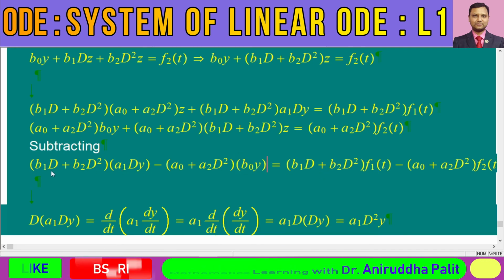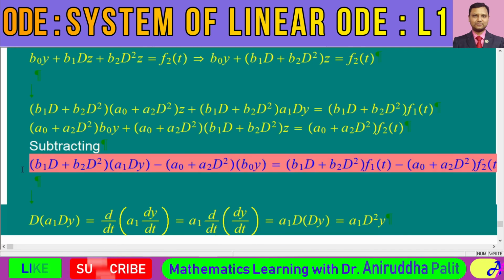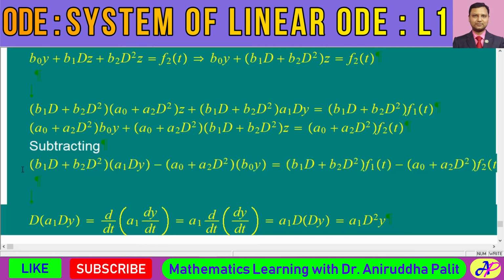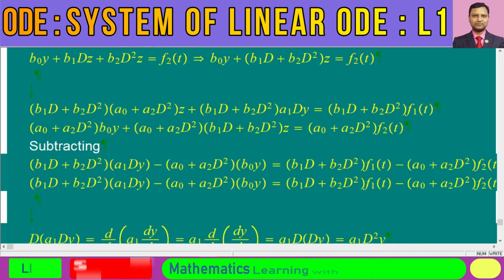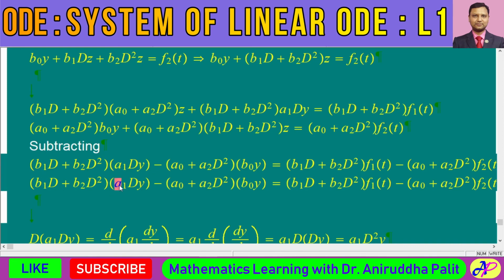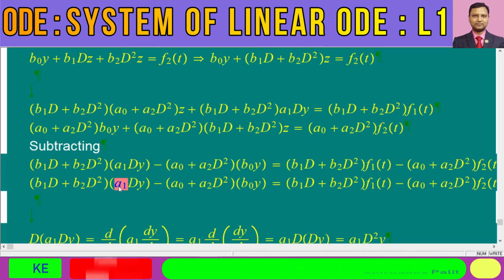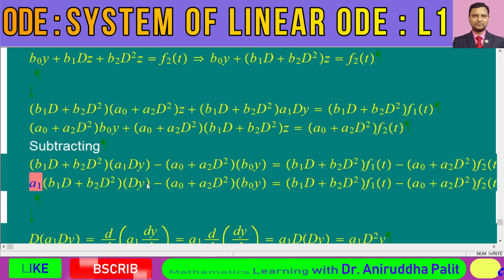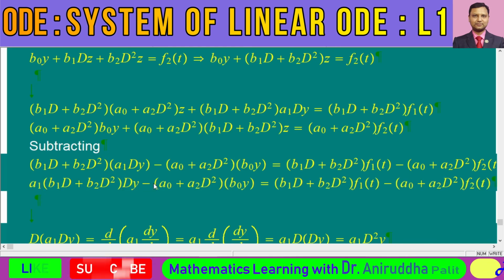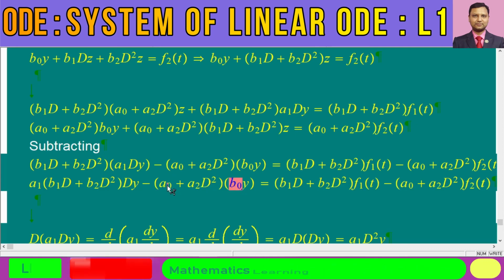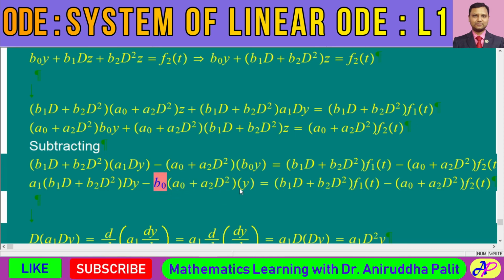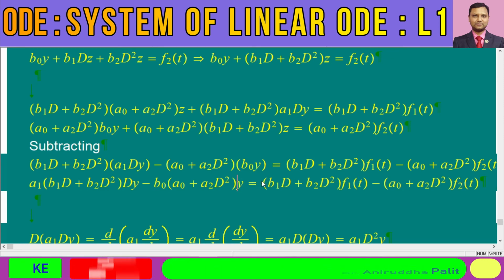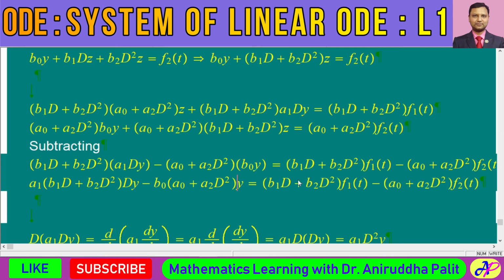So now in the next line we can shift this constant outside this operator, and we can simply write it in this way. Similarly, over here this b0 can be shifted outside, and we can simply write it in this fashion.